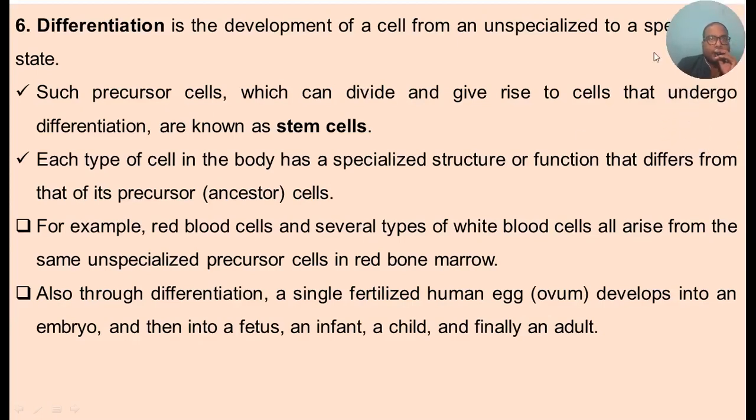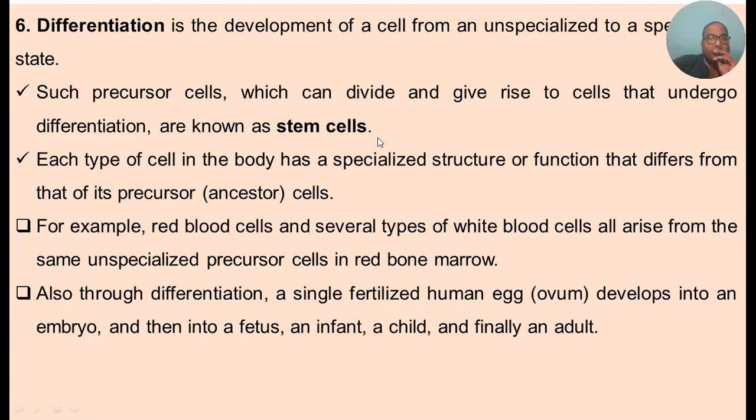In our bone marrow, in the body, there are cells which are unspecialized. They have the ability to form any type of cell. They can form liver cells, eye cells, bone cells, blood cells. There is no specialization. These cells are known as stem cells.